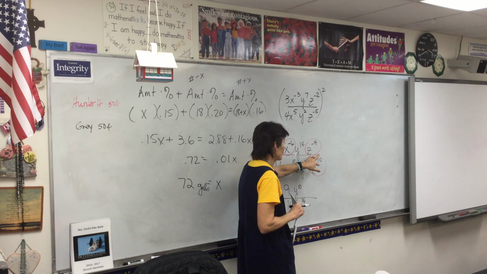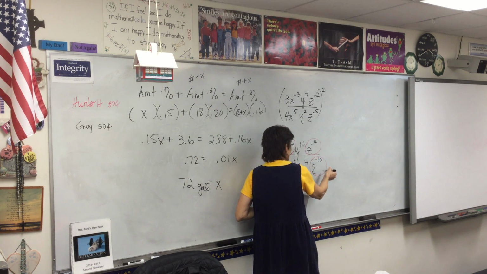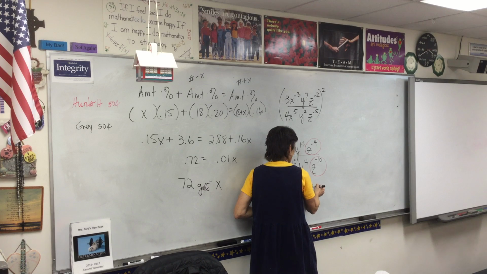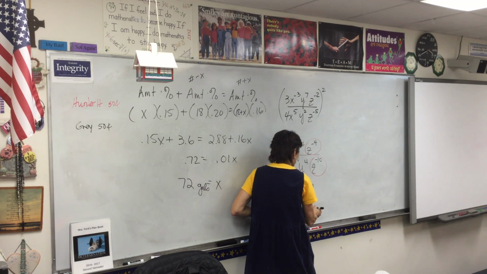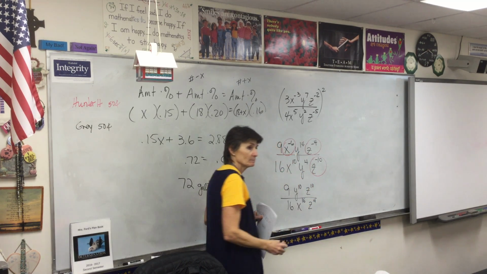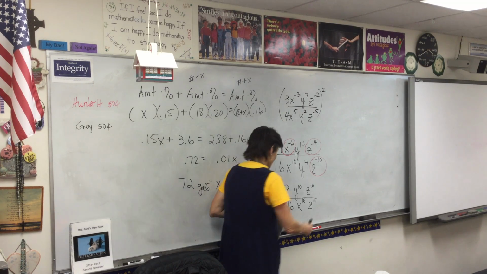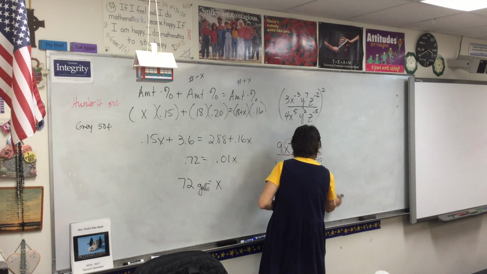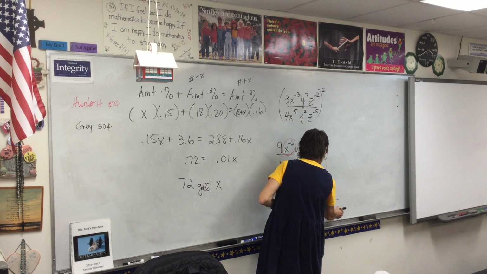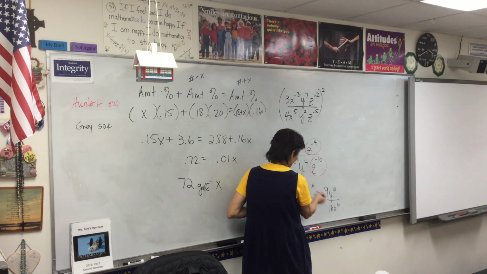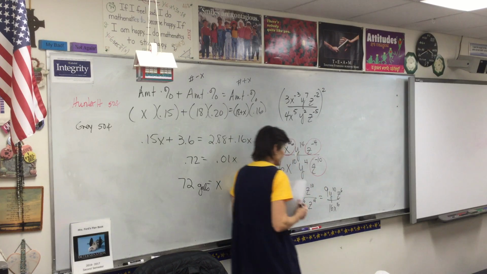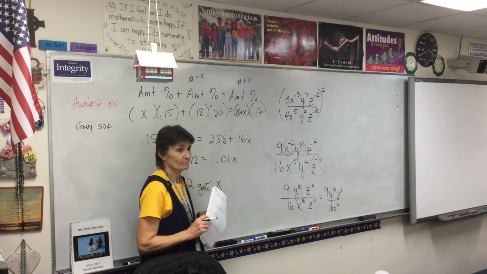Now, this is a little tricky because this is going up, so z to the 10th is going up, and z to the 4th is coming down. Then, once I get them moved, I can cancel them and see that I'm going to have 6 extra z's on the top.